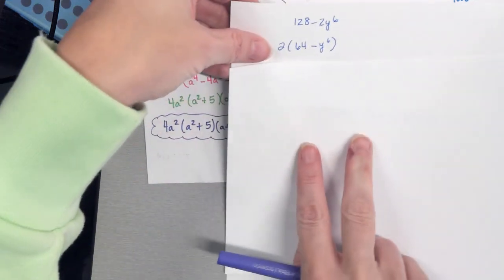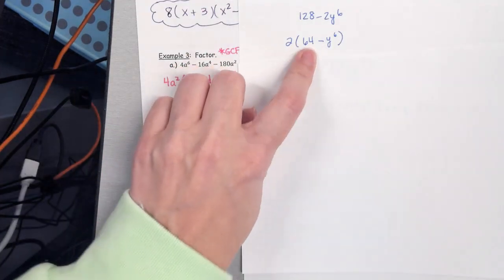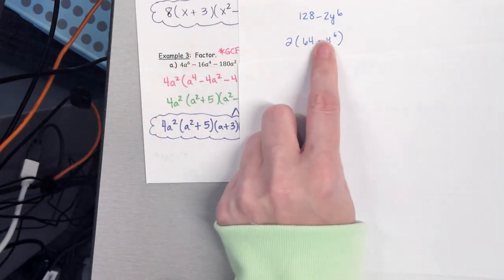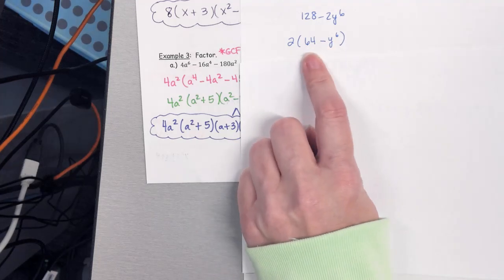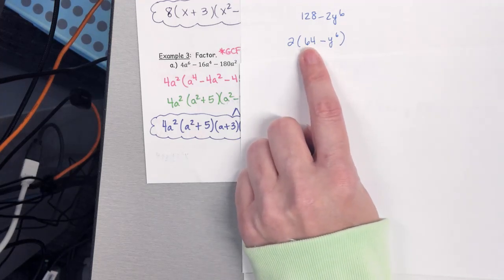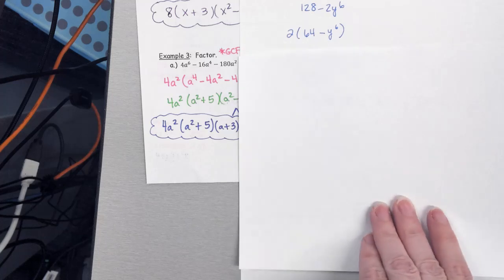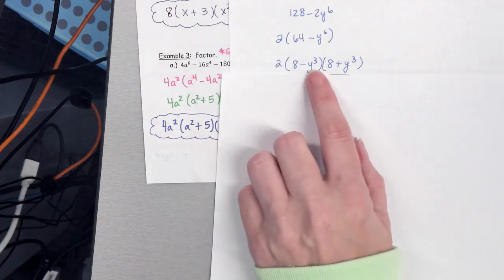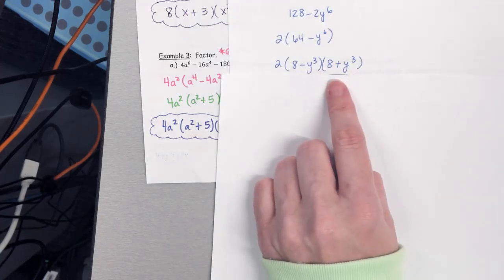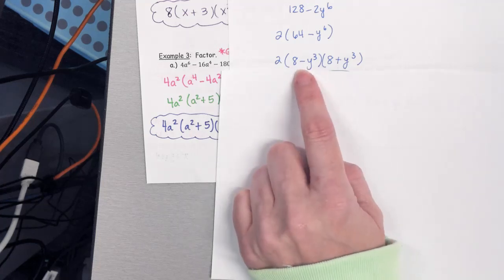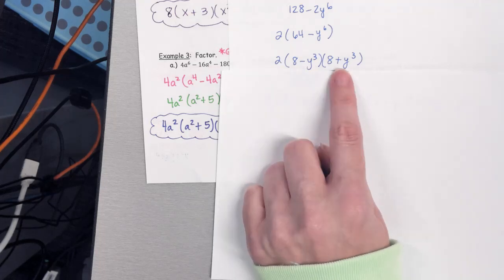Okay. If you had that, then you would have 64 minus y to the 6th, which is the difference of 2 squares. So you could break that down into 8 minus y cubed and 8 plus y cubed. Well, what's this pattern? This would be what? Perfect cubes. Yeah, this is the difference of cubes, and this is the sum of cubes.